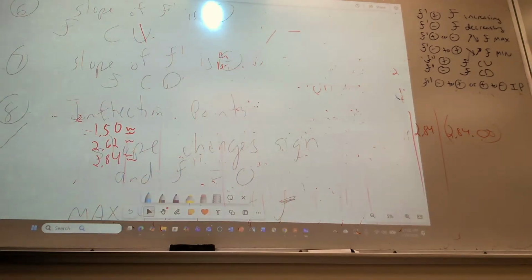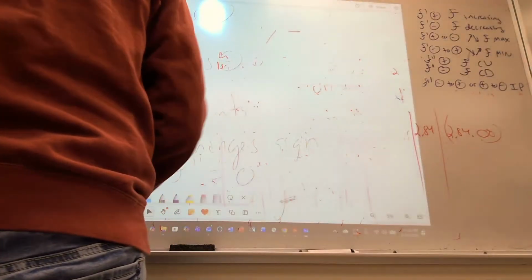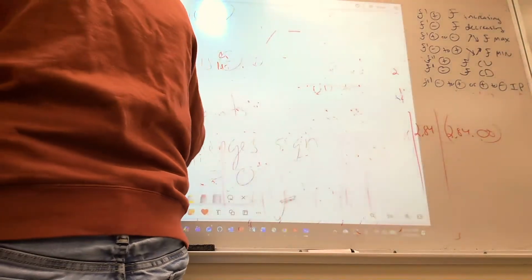Something as the zero crossing of the second. So let's see. Did anyone plug in negative 1.5? Did you do it yet? Dakota, did you get it? That's 36. Okay, so we should get right around 36.47.